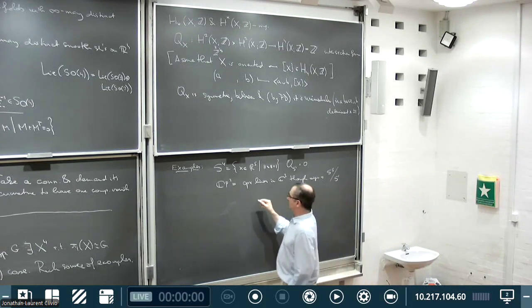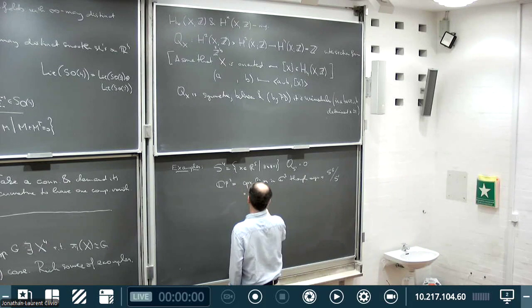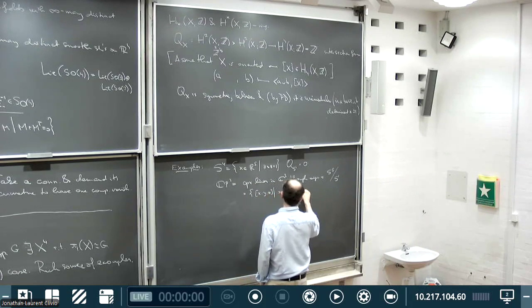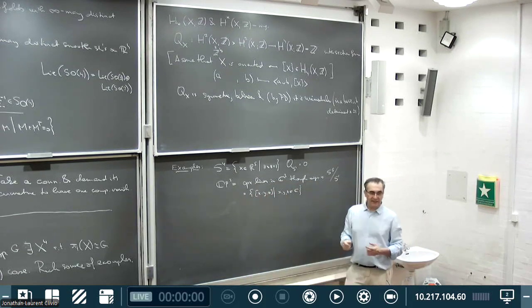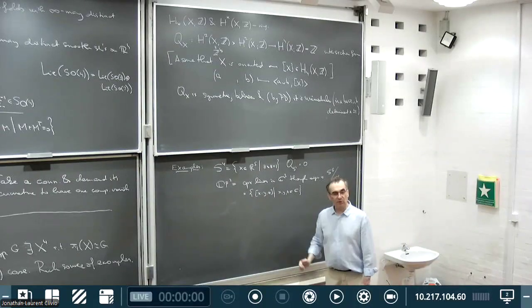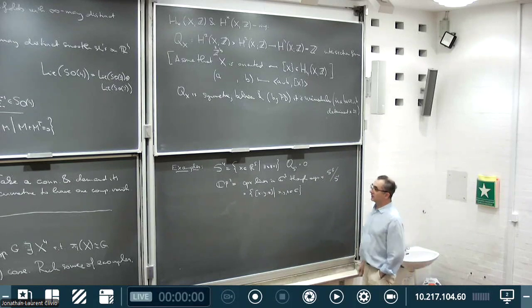Or we can just say that these are homogeneous coordinates [x,y,z], where x, y, z are in C, and this bracket means that they are determined up to a scalar, and it cannot happen that all three are equal to 0. Okay, so this is CP^2.